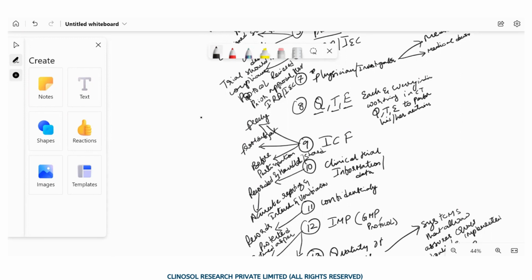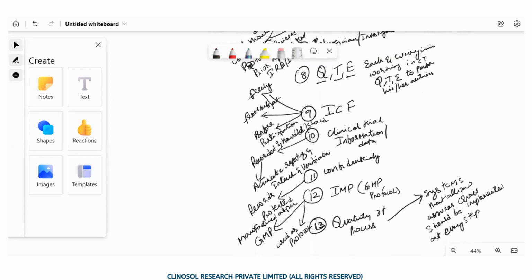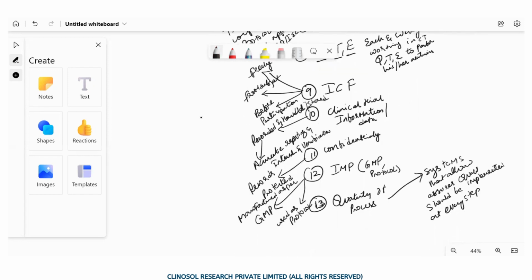The clinical trial data should be recorded, handled, and stored in such a way that accurate reporting, interpretation, and verification can be done at any point in time. The confidentiality of records should be protected as per applicable regulatory requirements.